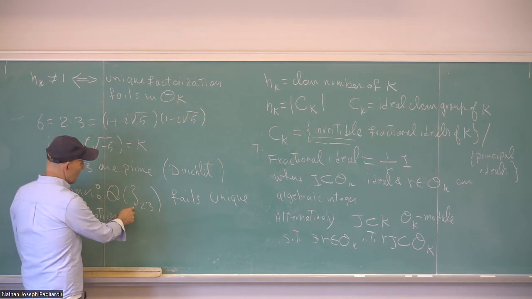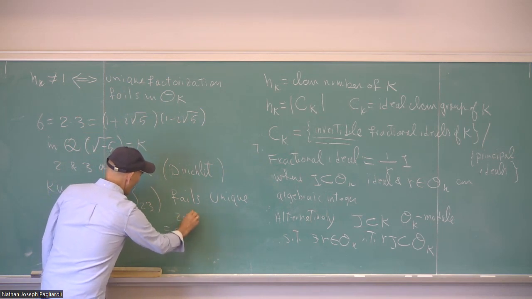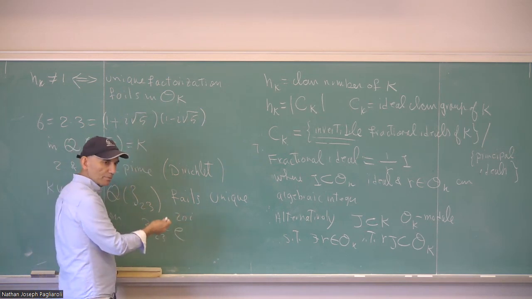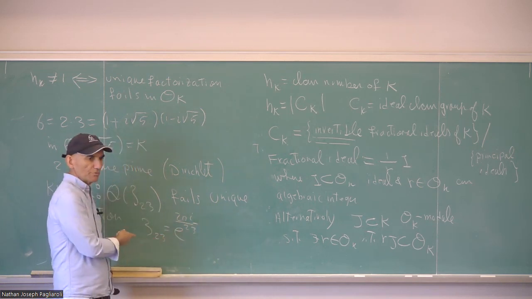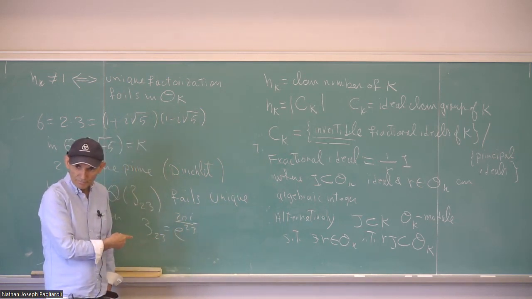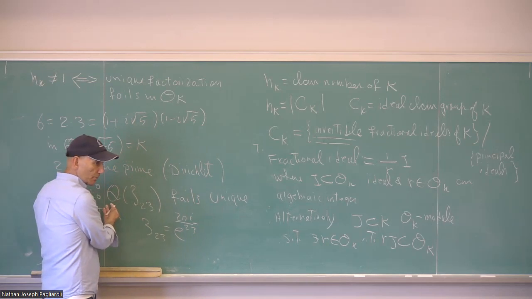So the cyclotomic field, what is zeta? That's e to the power 2 pi i over 23. This is a primitive 23rd root of unity. It's a prime number, and you just look at the extension field.